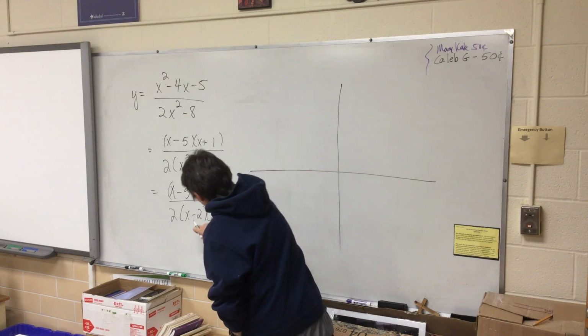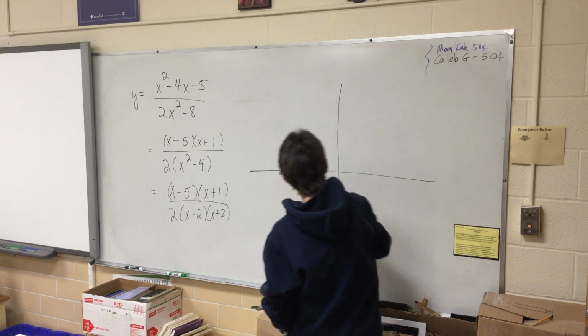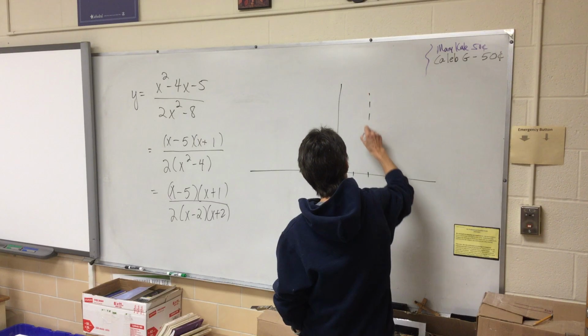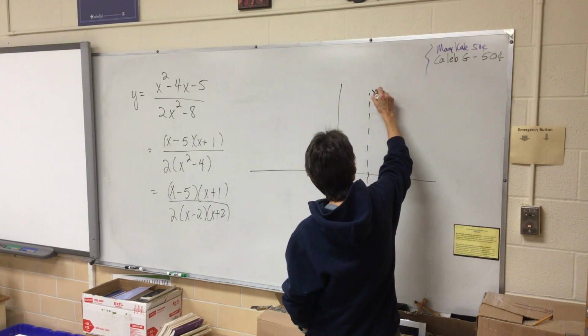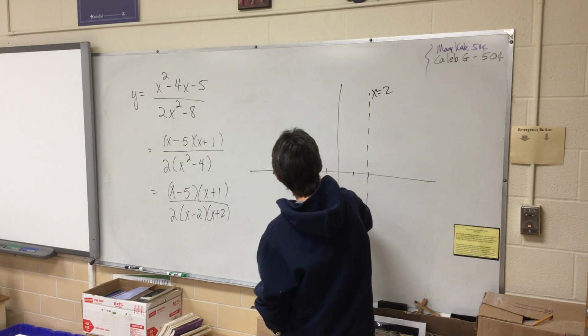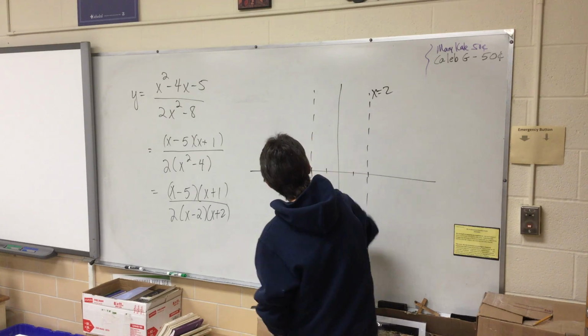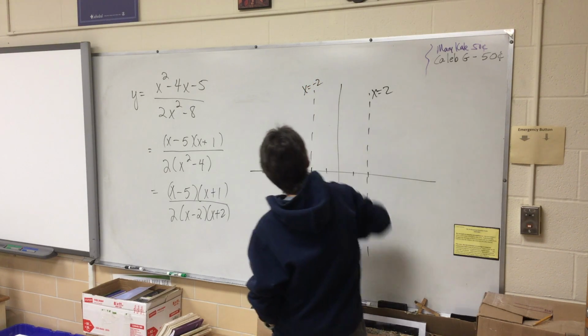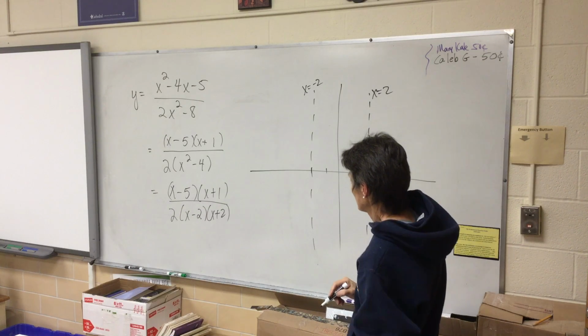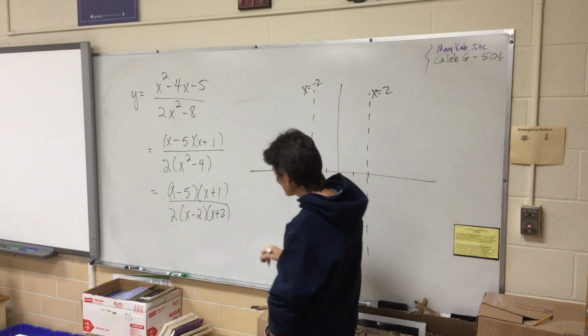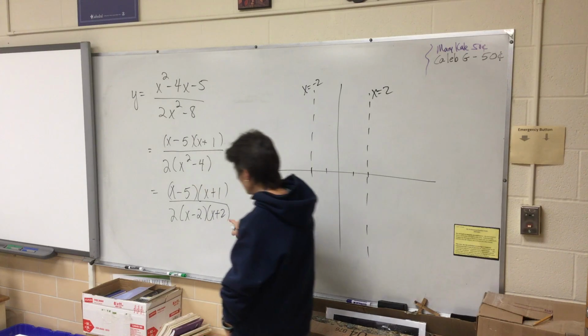So I can see that I'm going to have vertical asymptotes at 2 and at negative 2, because that's what would make the denominator 0.